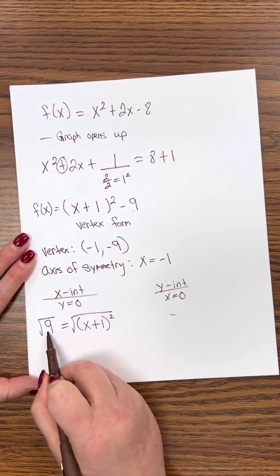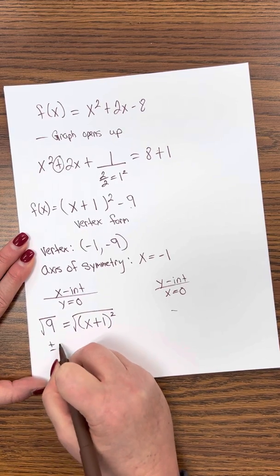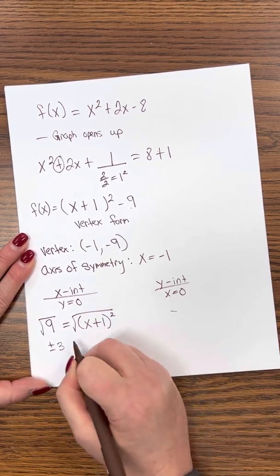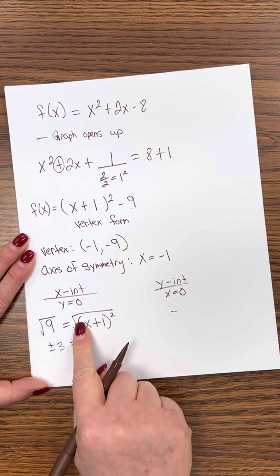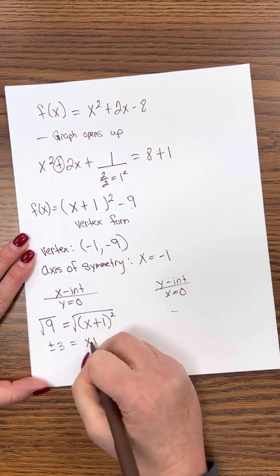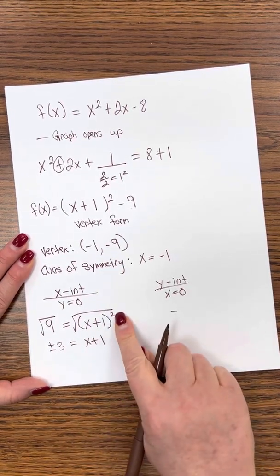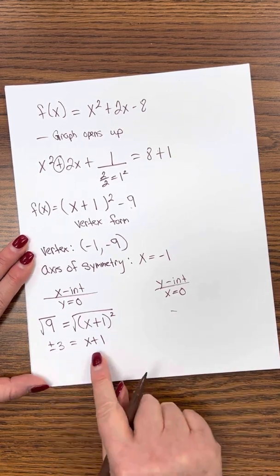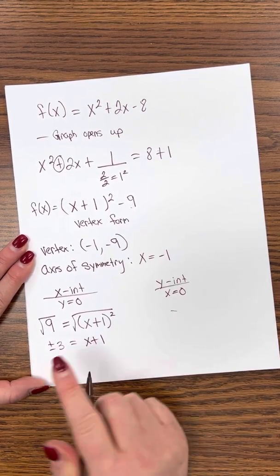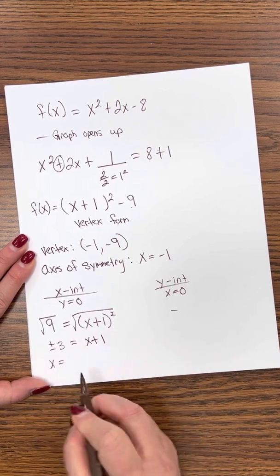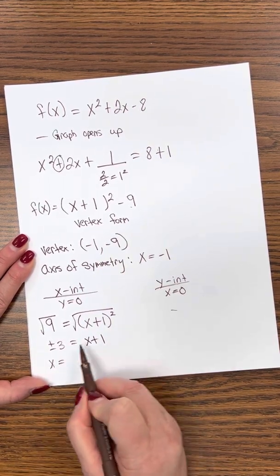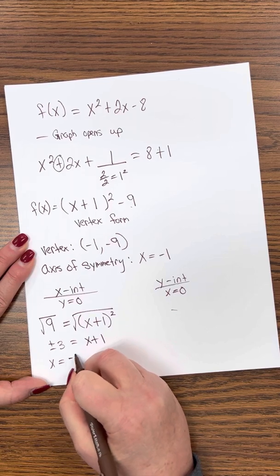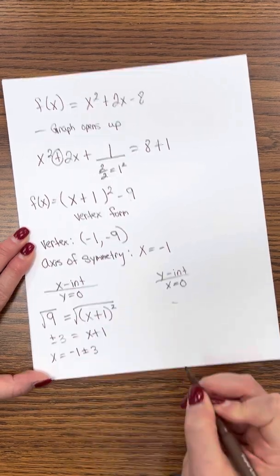So if I take the square root of 9, remember that's a positive negative 3. And then on this one, remember it just lifts everything. So x plus 1 is left because you're just going to lift the square. Square root undoes a square. So now we can solve this out. We're going to subtract 1 over here, and I'm going to rewrite all this so it looks more in order. Negative 1 plus or minus 3.